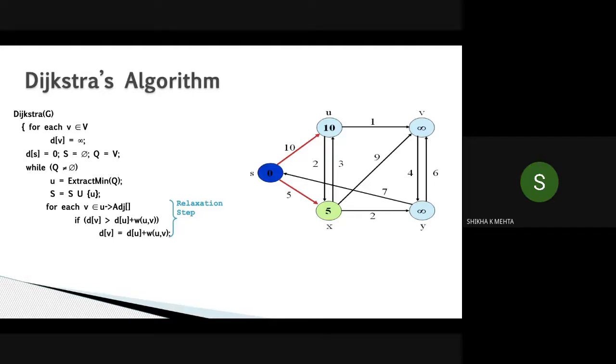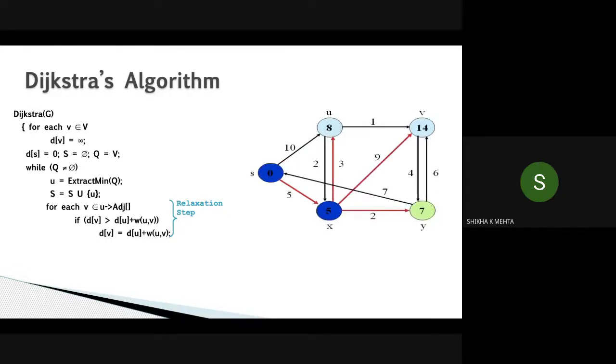So this is 5 plus 2, 7, which is less than infinity. So we can relax this Y vertex. Similarly, we can relax this V vertex, because 5 plus 9 is 14, which is less than infinity.